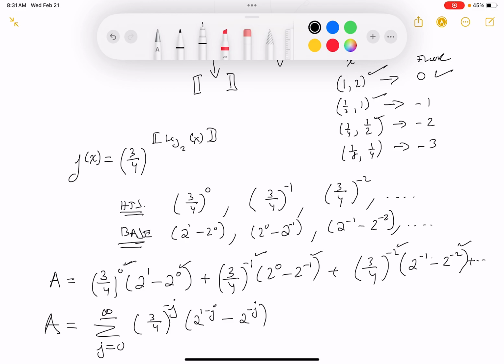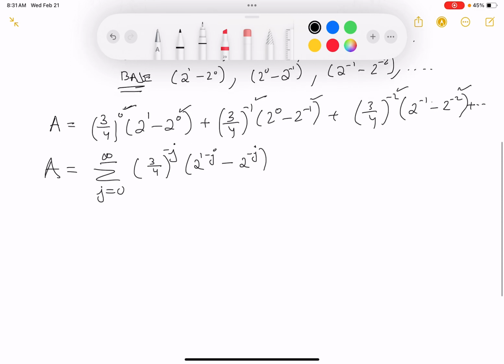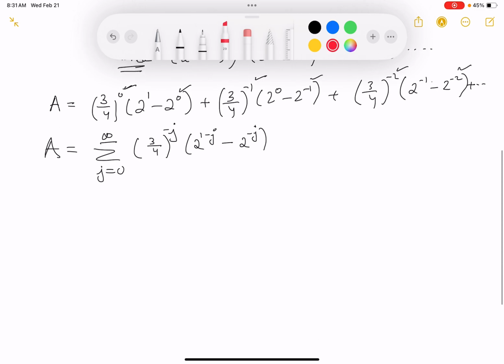I got troubles now. And my trouble is figuring this thing out. I'm trying to figure this thing out over here. And the way I'm going to do that, I'm just going to rewrite it a little bit. All right? I'm going to write this down as 4/3 to the j.